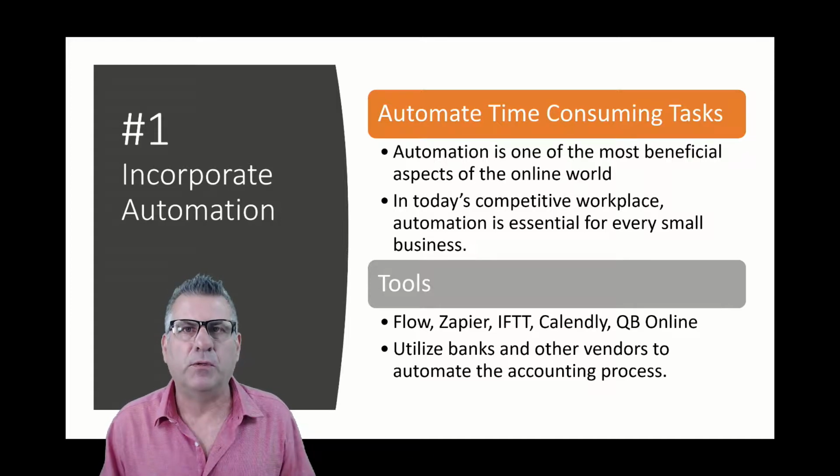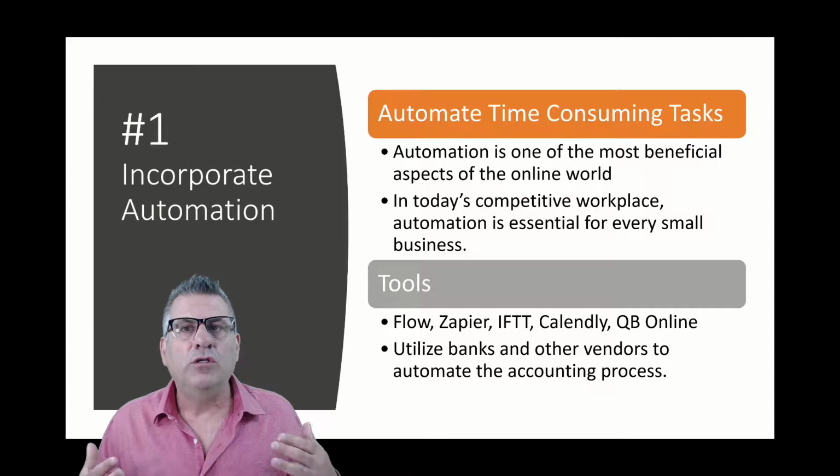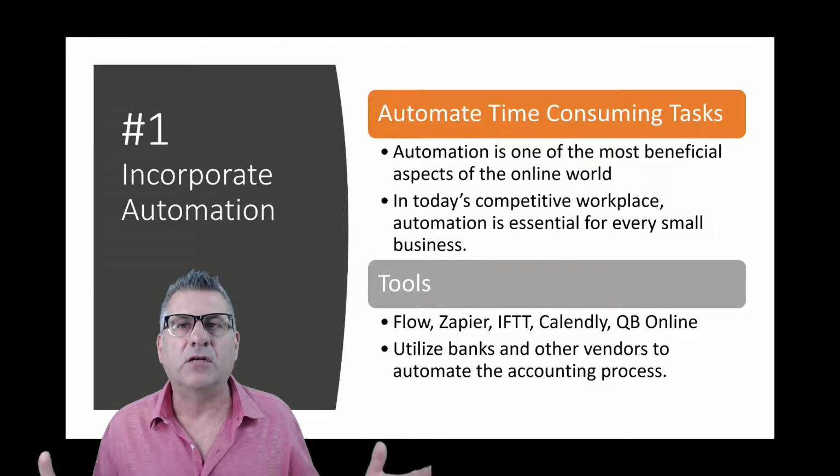So using a tool like Flow or Zapier or If This Then That, IFTTT, you could actually take that lead that came into ClickFunnels, grab the username and the email address and any other information that you collected, and automatically populate an Office 365 Excel spreadsheet.